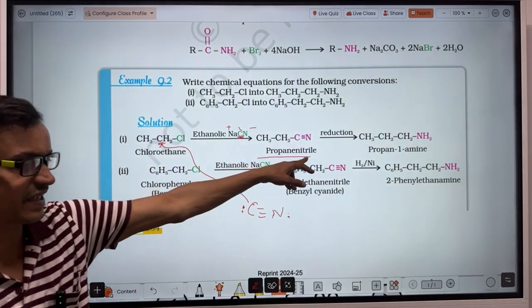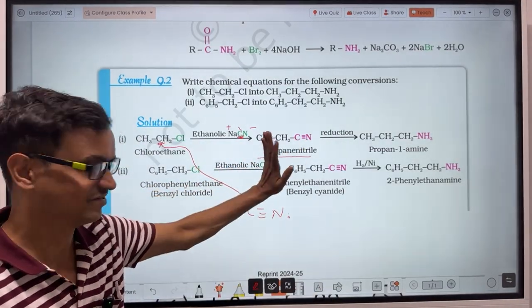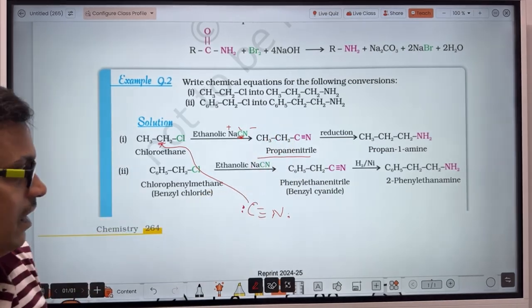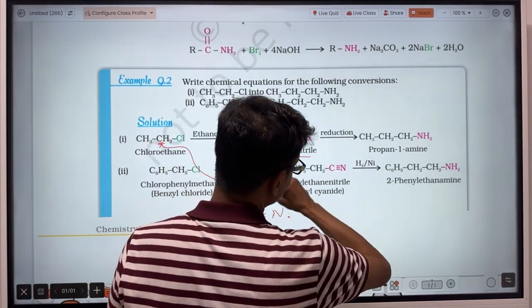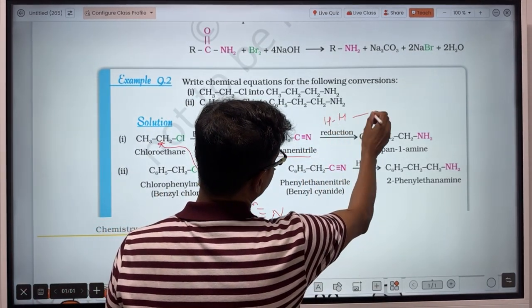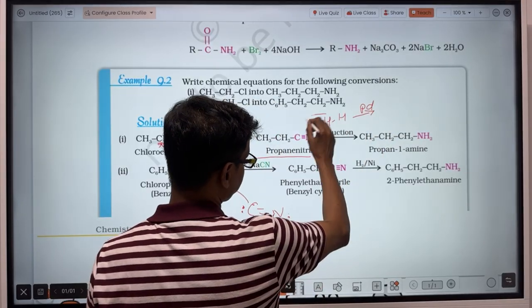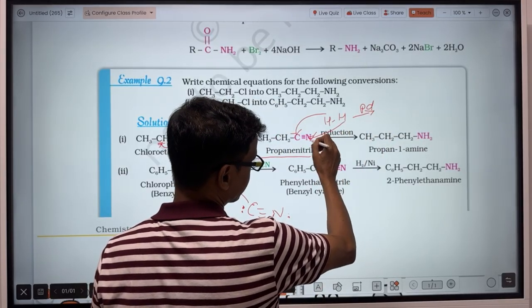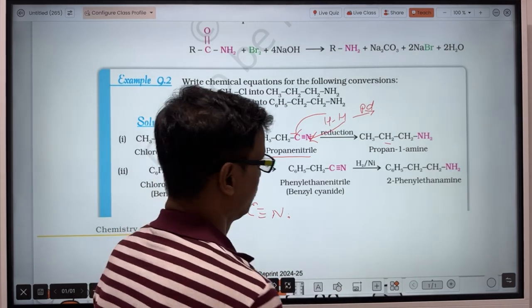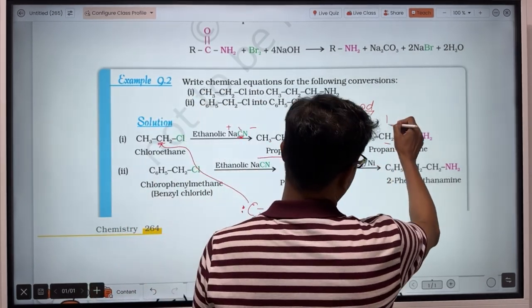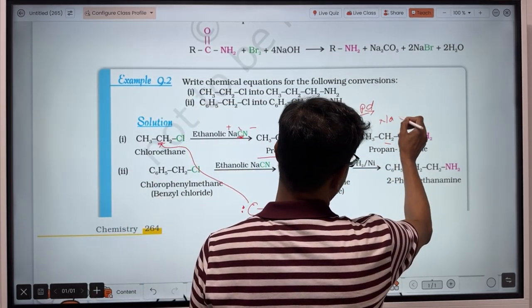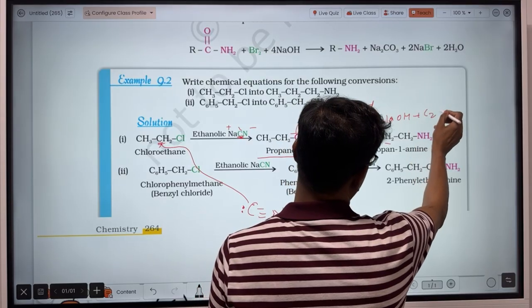Okay, what's the IUPAC name? I think anyone will not feel difficulty. And then you reduce them. How do you reduce? By taking hydrogen and palladium, like that. So firstly amine will form. Or you can take NaOH and alcohol.